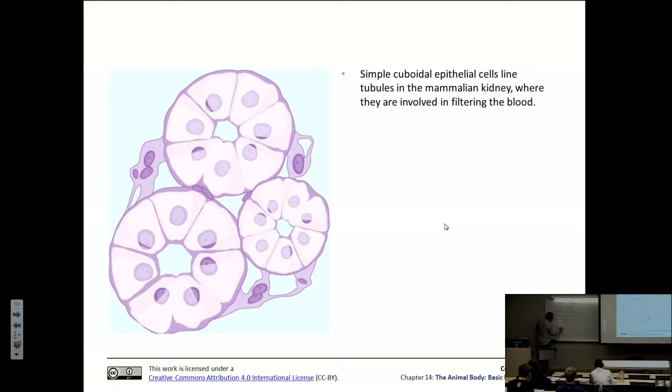You have a whole bunch, a variety of tissues that are endocrine glands. And these are the ductless glands. So they don't have any tube through which the material moves.